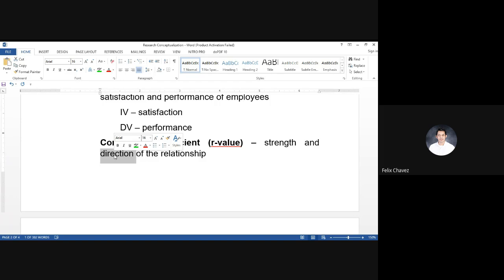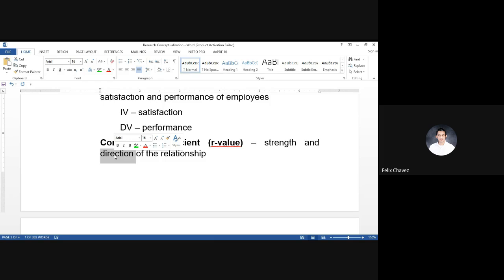Okay, it's rare that we can find a perfect relationship. So sometimes it can be near to 1 or near to 0. Okay, so if that is near to 0, then it will suggest a weak relationship. If that is near to 1, it will suggest a strong relationship.